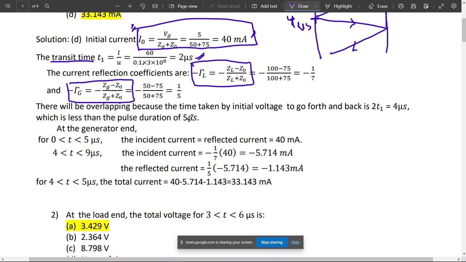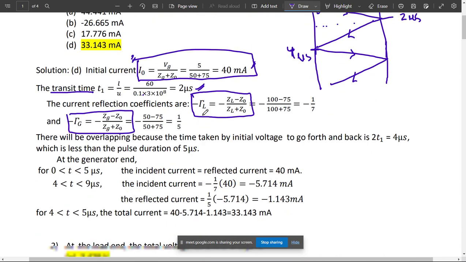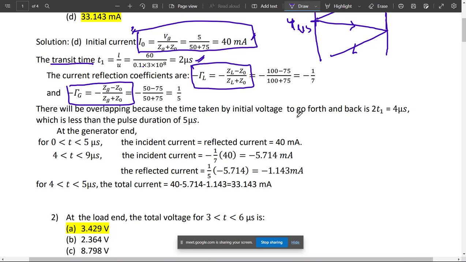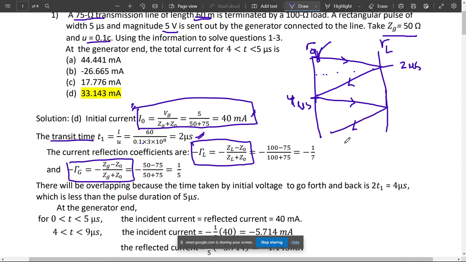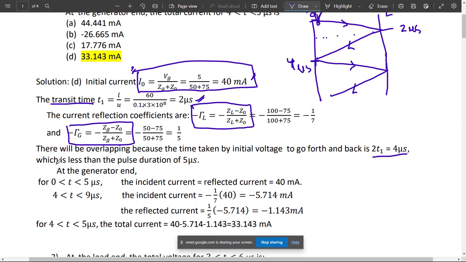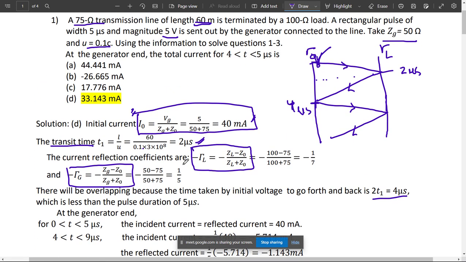Now what you need to notice is there will be overlapping, right? Because the time taken by the initial voltage to go forth and back is 2t1, right? That is 4 microseconds, which is less than the pulse duration. So the pulse duration here is 5 microseconds, isn't it?